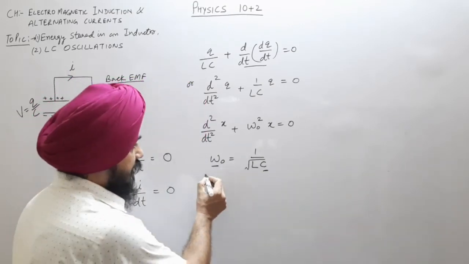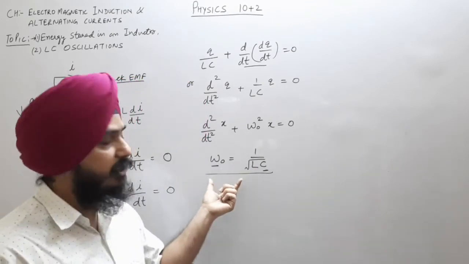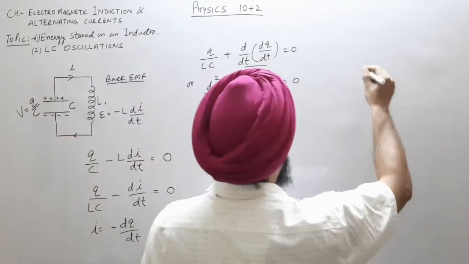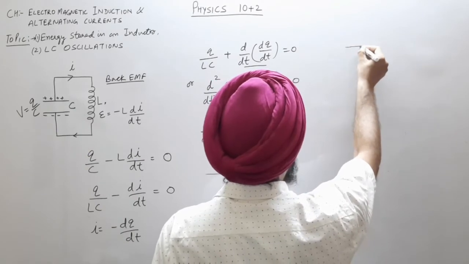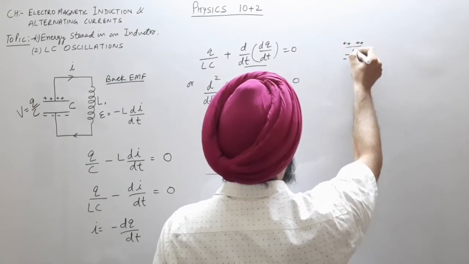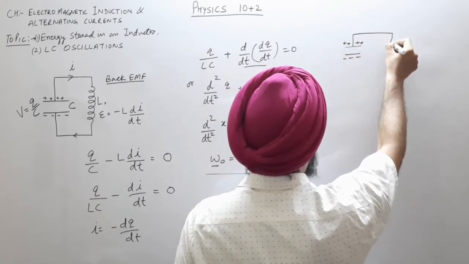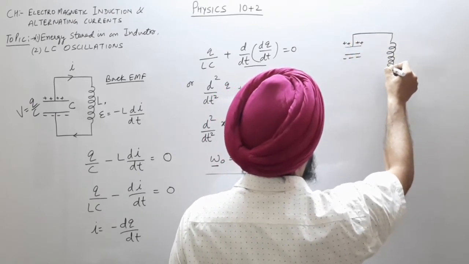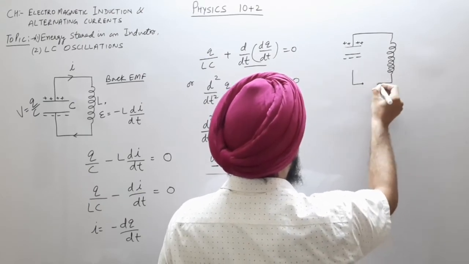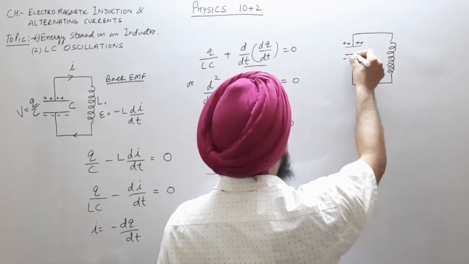So now we will see how this circuit works. First of all, consider that the capacitor is fully charged and is connected with an inductor of inductance L. So we keep it open for a time.